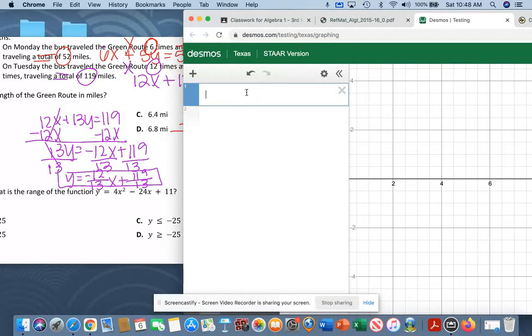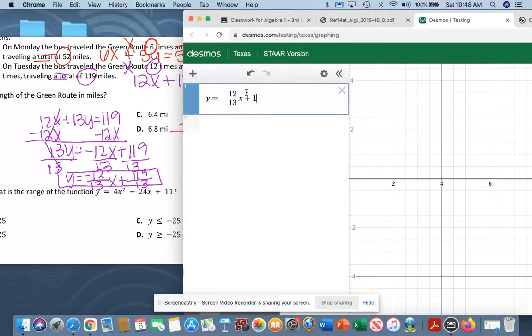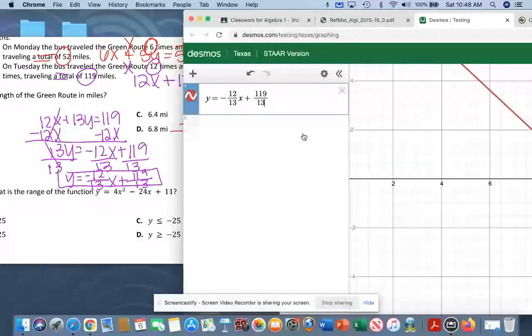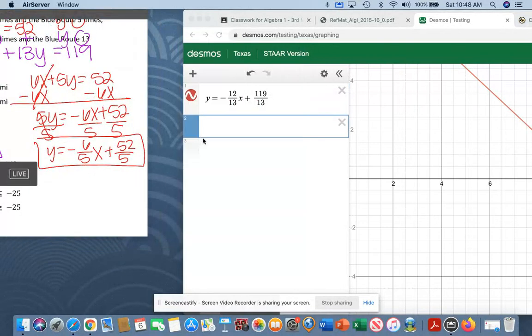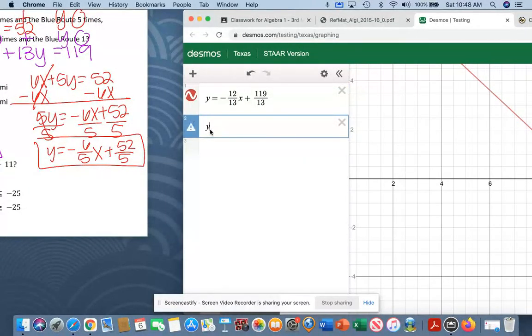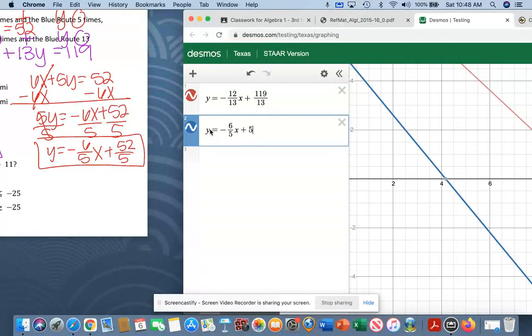So the purple one was y equals negative 12 divided by 13x plus 119 divided by 13. And then the other one was y equals negative 6 divided by 5x plus 52 divided by 5.